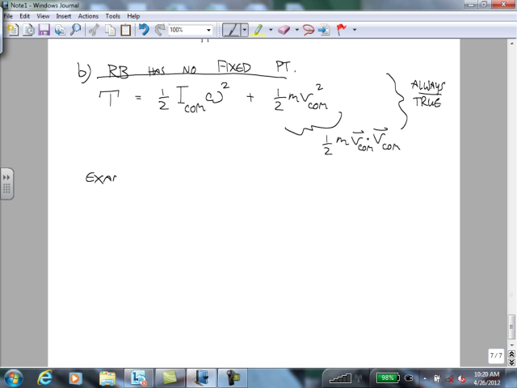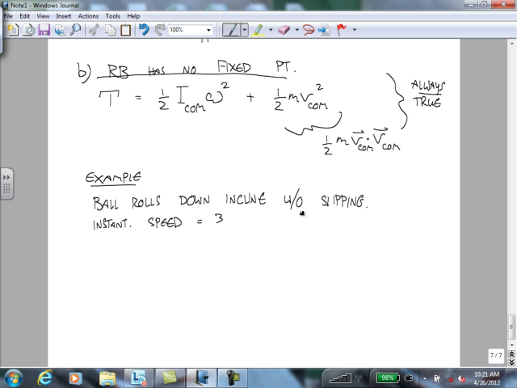Okay, so let me do an example. So let's say that a ball rolls down an incline without slipping, and say that its instantaneous speed is 3 meters per second.